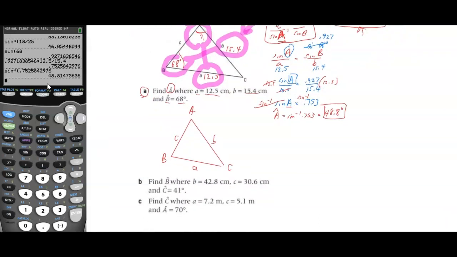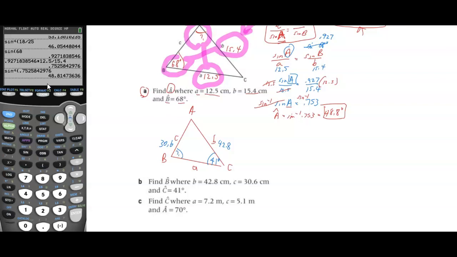Find angle B where little b is 42.8. So let's mark little b 42.8. Let's mark little c 30.6. Let's mark angle C 41 degrees. And we want to know angle B. So this is the one we want to know.